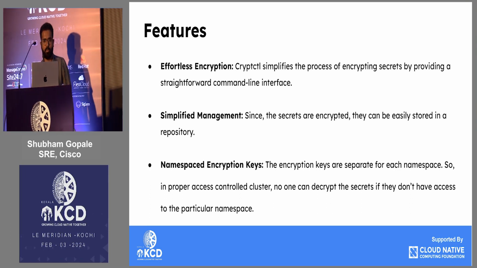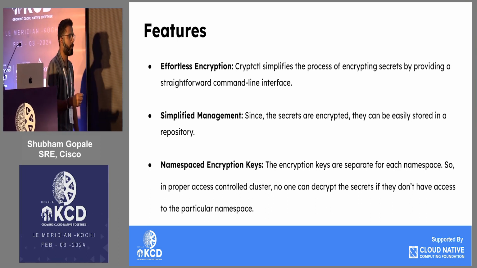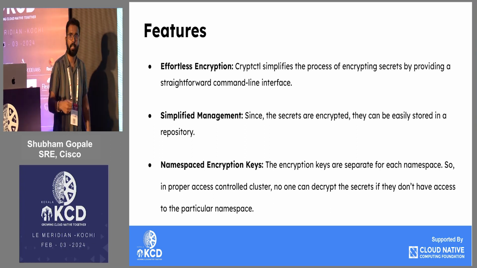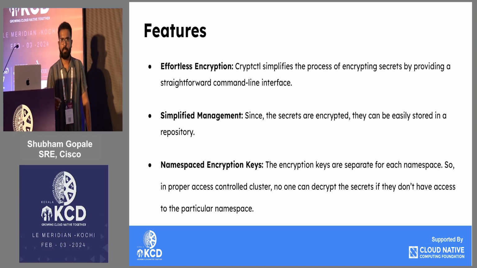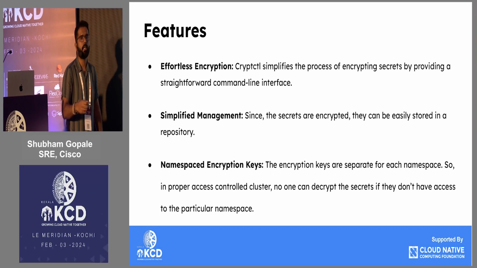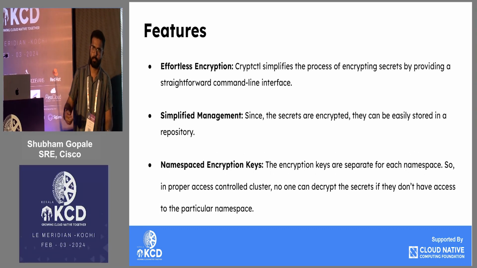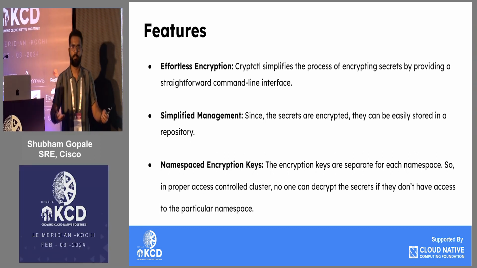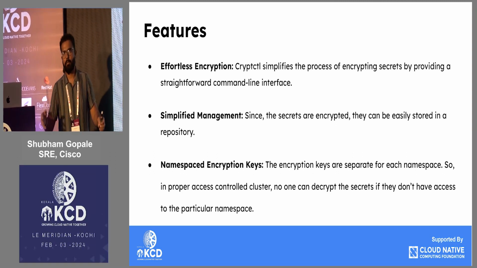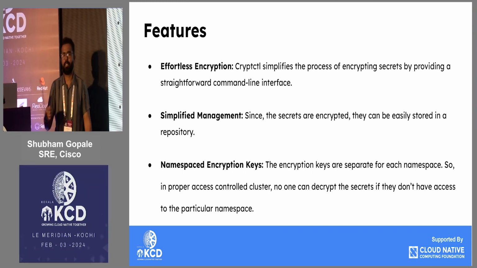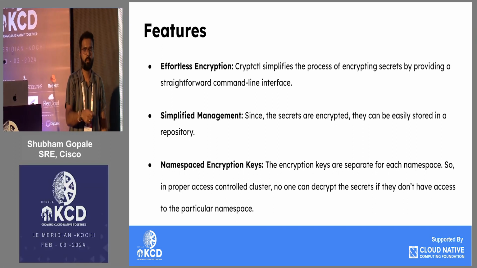Now namespace encryption key. This is one of the main points which Kubesil doesn't have right now. Namespace encryption keys allow you to take advantage of the multi-tenant nature of Kubernetes, right? When you are working as a platform team and hosting multiple developer teams together, you would want to restrict each team's access to their namespace only.